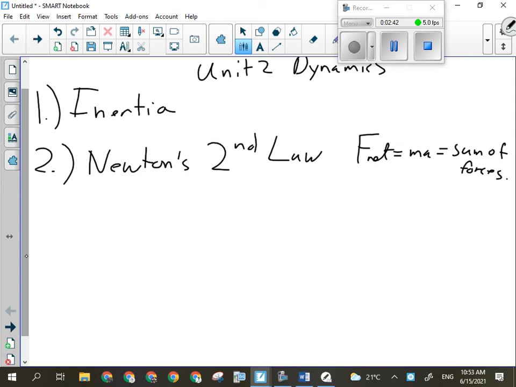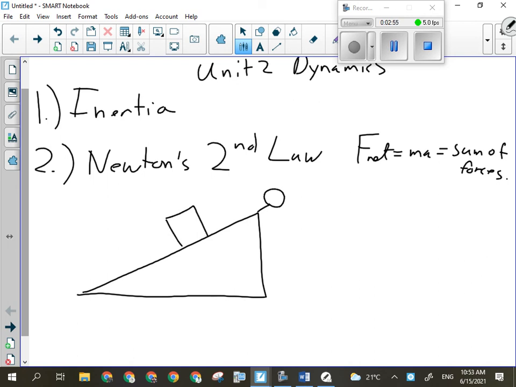In fact, let's do a question on inclined planes right now, but I'm going to make it hard. So it incorporates two things.